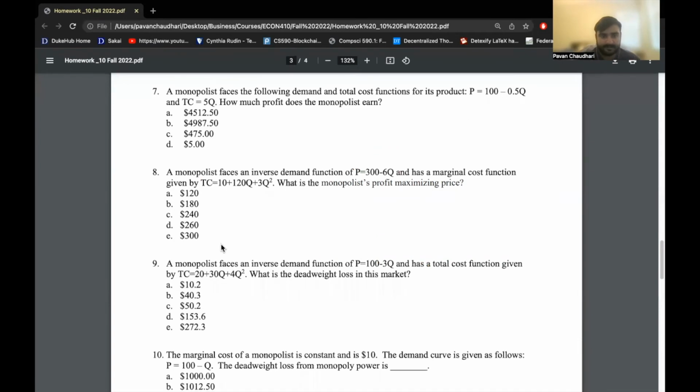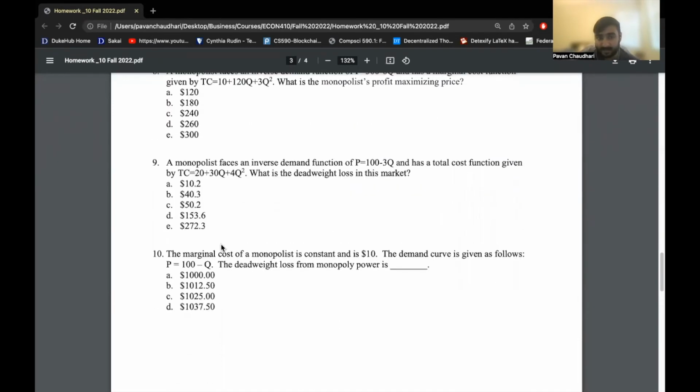Okay. Now, number 9 and 10 are about deadweight loss, but they start pretty much the same way, right? For deadweight loss, we have a few more steps, but pretty much the same beginning. So we find marginal revenue, same intercept, double the slope. We find marginal cost by taking the derivative, so we get 30 plus 8Q. We set these equal, MR equals MC.